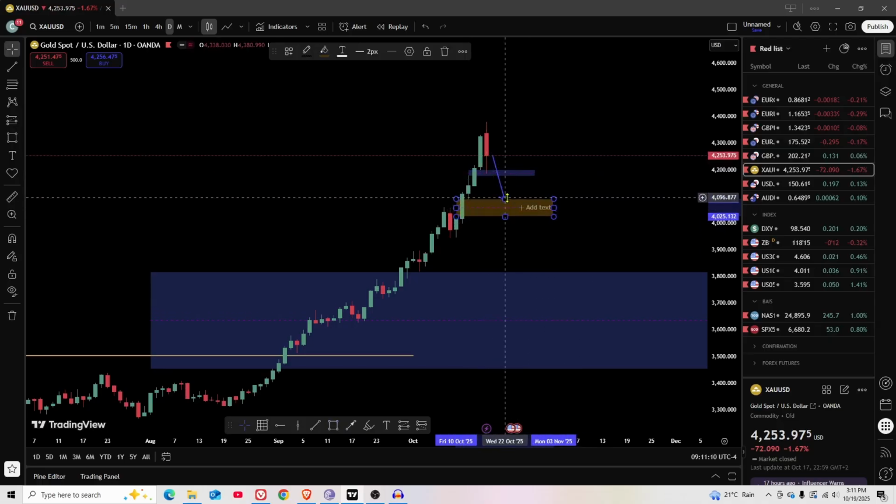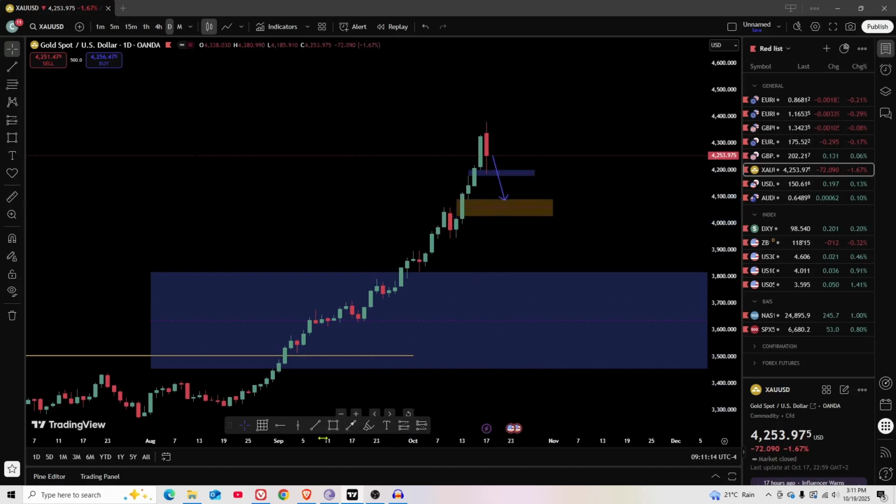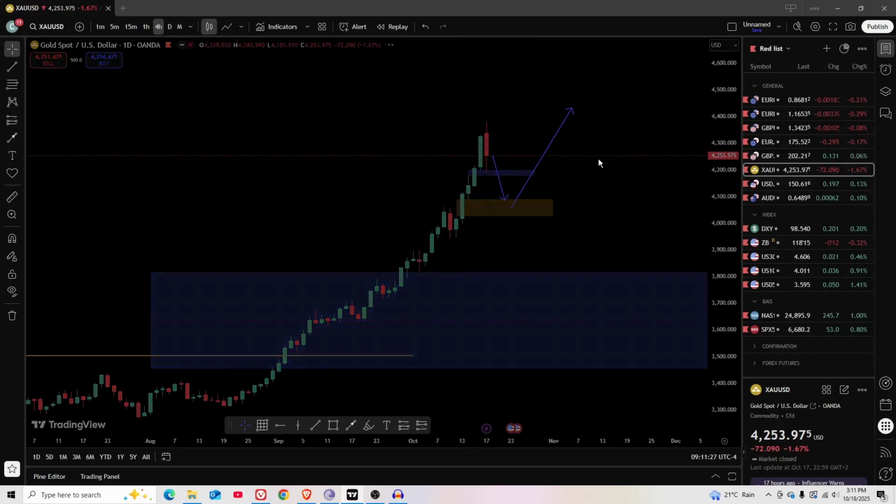This fair value gap will be the next target. From here to that fair value gap, I'll then see how the market reacts in that area, and then we can take this high. So at the moment, I want to see how the market will work within this area.